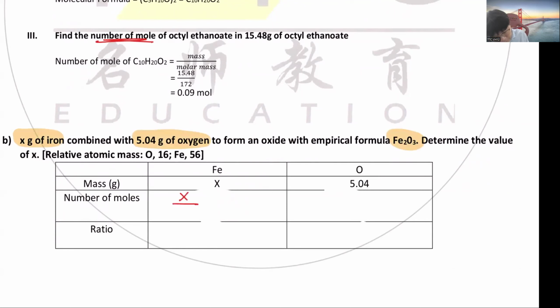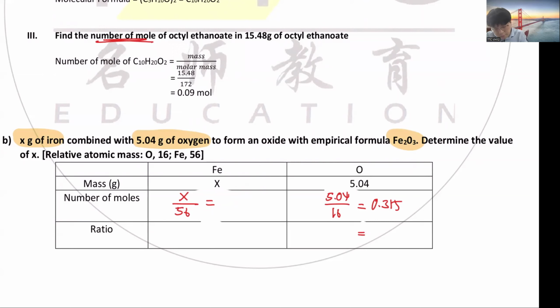X divided by 56. Then 5.04 divided by 16. You get 0.315.